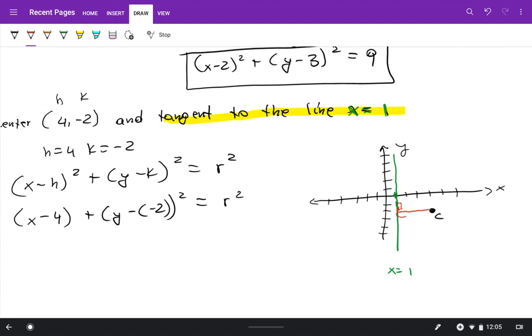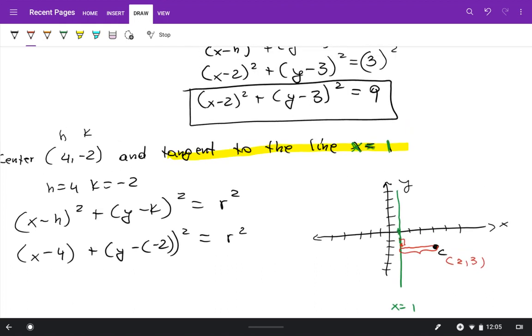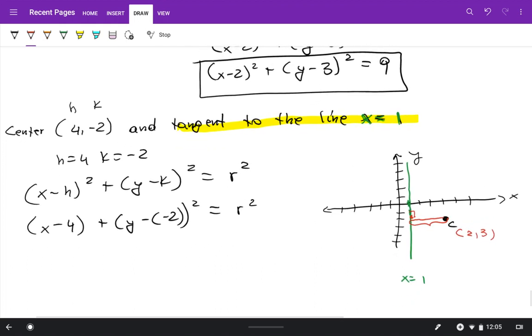So to find the radius, just count that distance. Don't forget that the center had coordinates... oh, I'm sorry, not (2, 3). What am I talking about? The center is (4, -2).